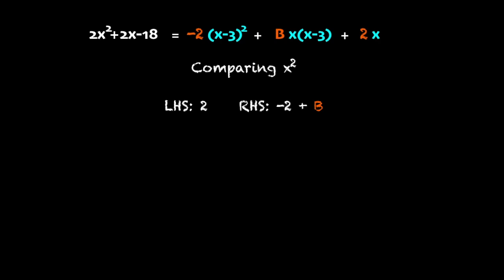And because we have to have the same number of x squareds on both sides of the equation, that implies that 2 has to equal minus 2 plus b, and therefore our final constant b is equal to 4.